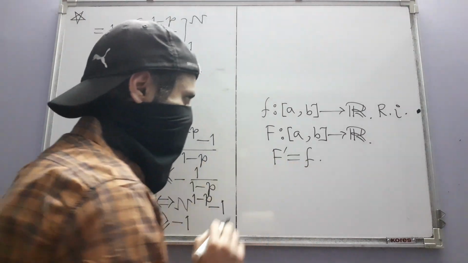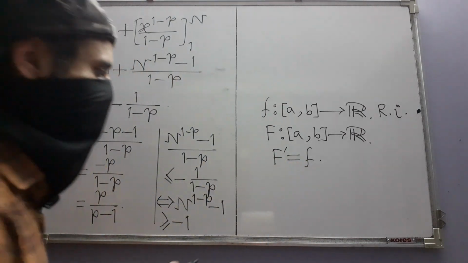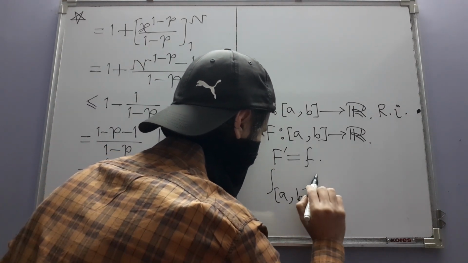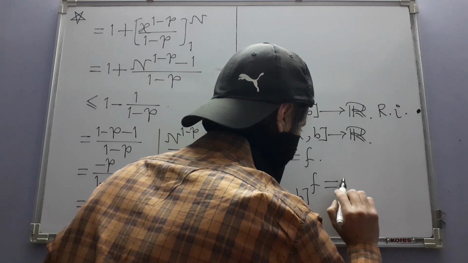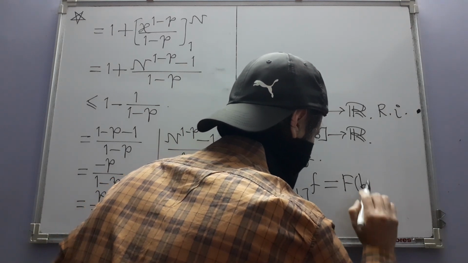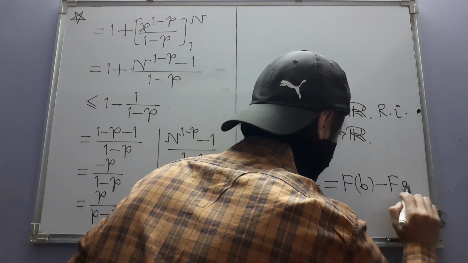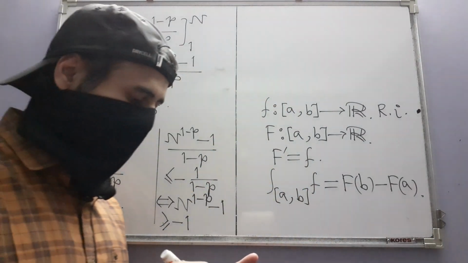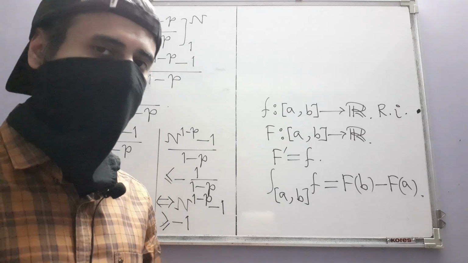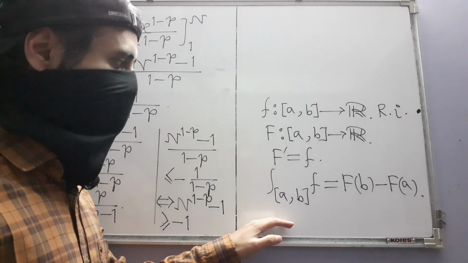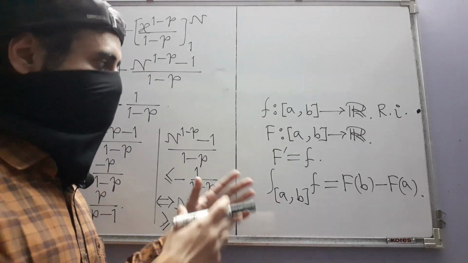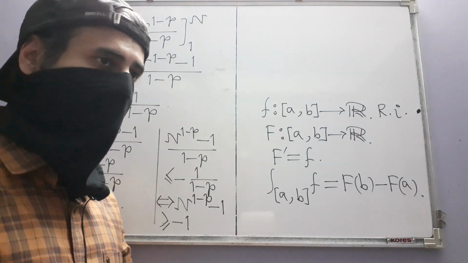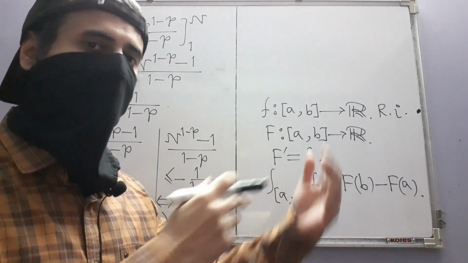Then the second fundamental theorem says that the Riemann integral of f is equal to F of b minus F of a. This is a result. Actually, you may have wondered when we introduced integration, whatever we are right now doing and calling Riemann integrals, how are they related to integration we learned in school?